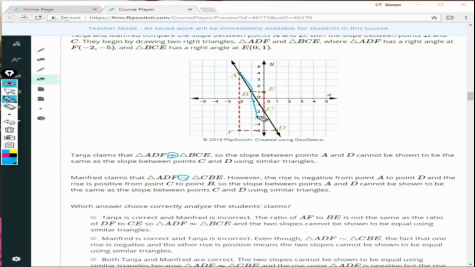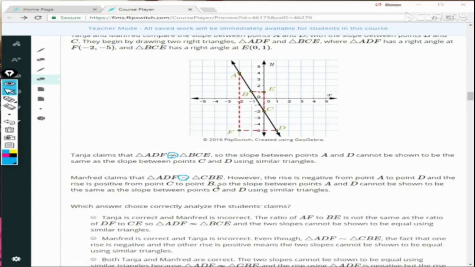Either it would have to become more steep or less steep between points B and C in order for it not to be on this same line, in order for it not to have the same slope, which is obviously false because all four of these points are on that line.